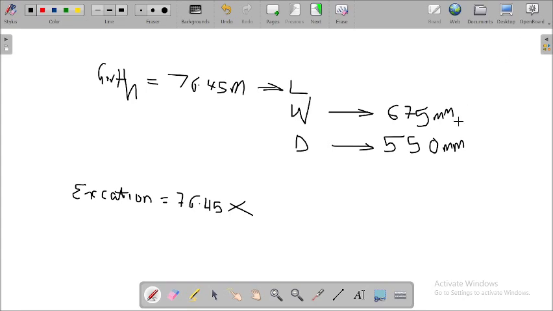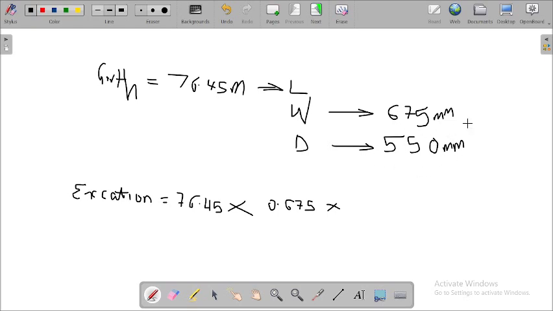So converting this to meter means that you divide each of these by 1000. If you divide 675 by 1000, that gives you 0.675. So the width of excavation now will be 0.675, multiplied by the depth. You divide the depth also by 1000 millimeters.